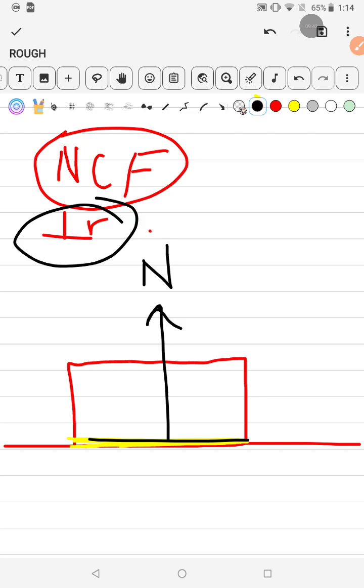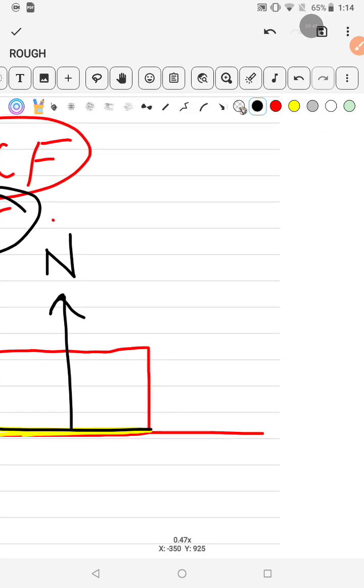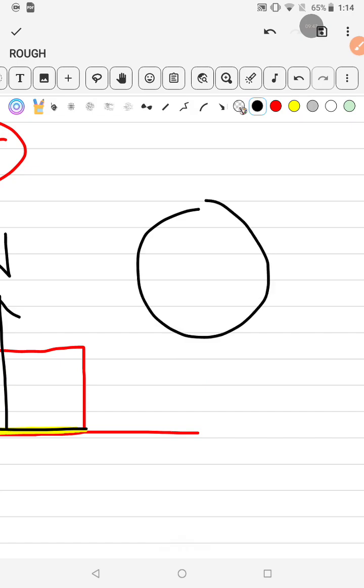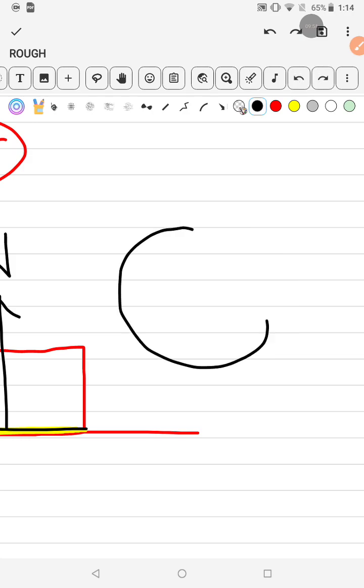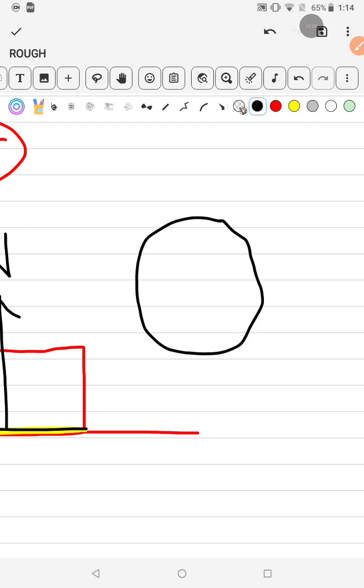Now let us take an actual example. For example, this is the earth. I can't make a perfect circle for that, sorry. So let us take a block on the earth. The normal applied by the earth on the block is this, perpendicular to it.